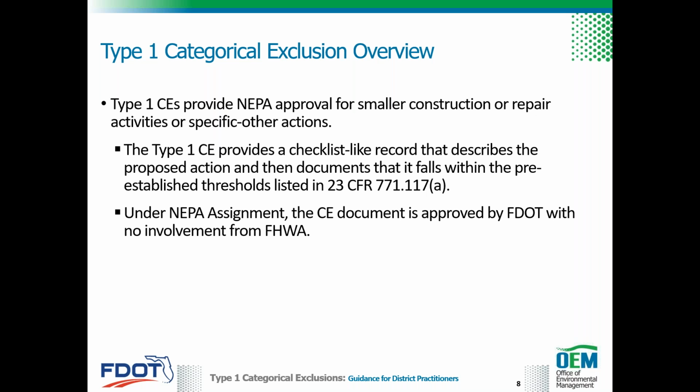Now, this document describes the proposed action, and then it documents that it falls within the pre-established thresholds, or the CE criteria that were listed in Section A. Now, under NEPA assignment, the CE document is approved by FDOT with no involvement from the Federal Highway Administration.